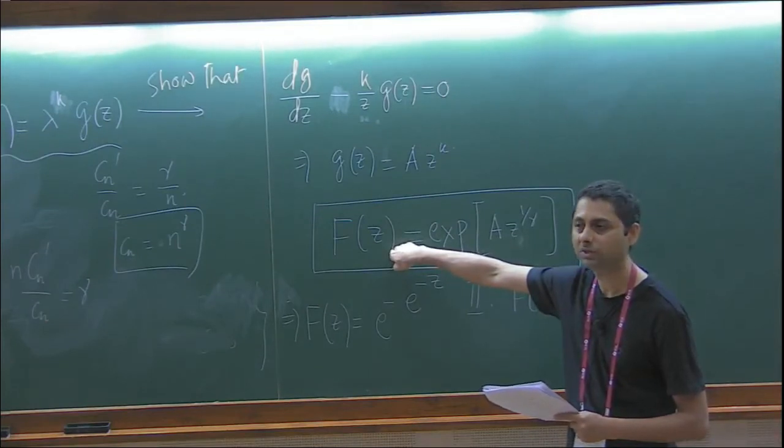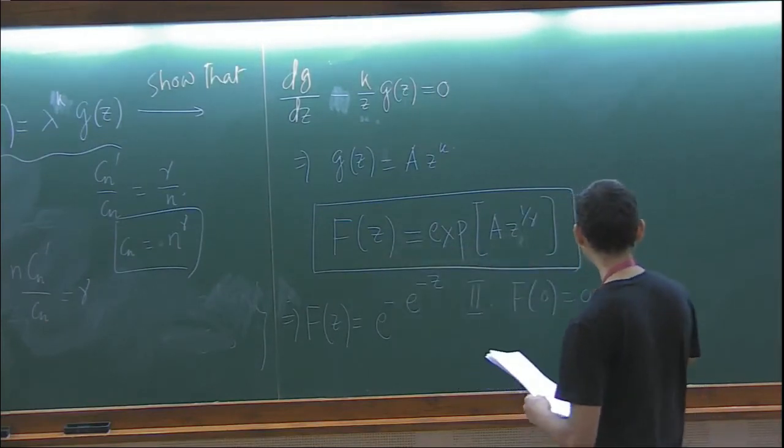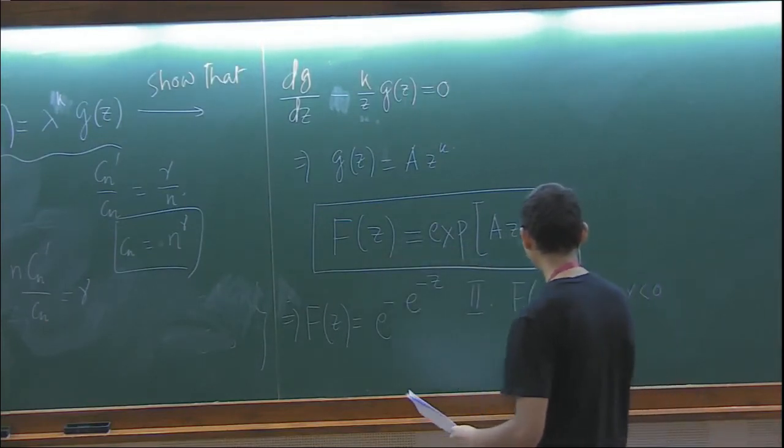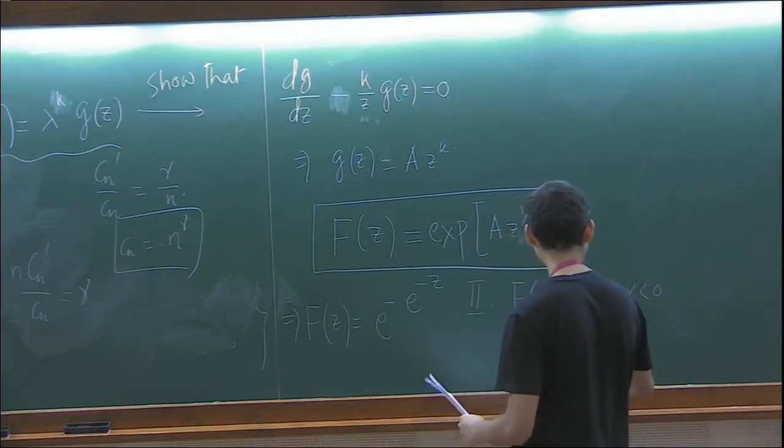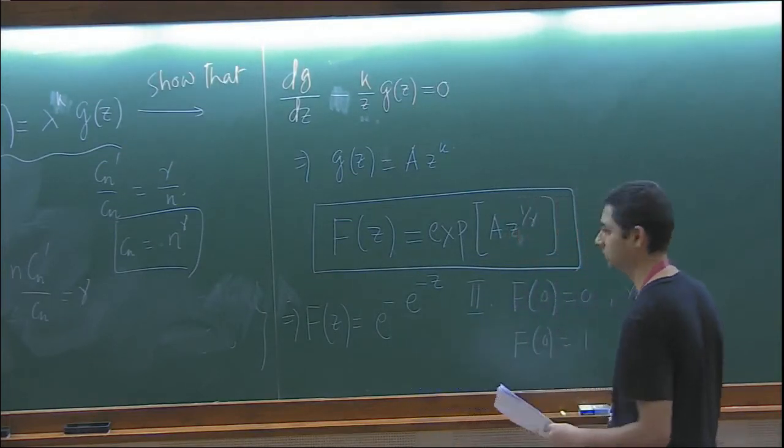Therefore gamma should be negative. So gamma should be less than 0 if f(0) is 0, and if f(0) equals 1, gamma should be equal to 0.